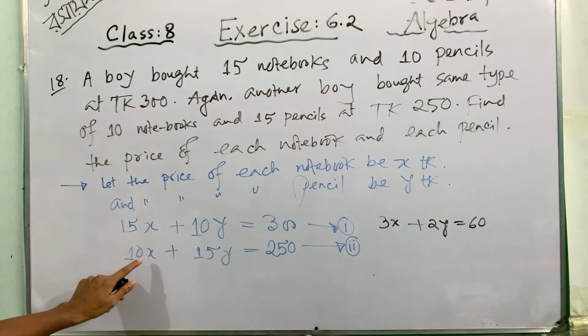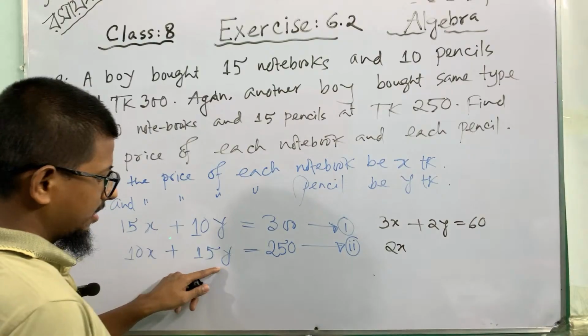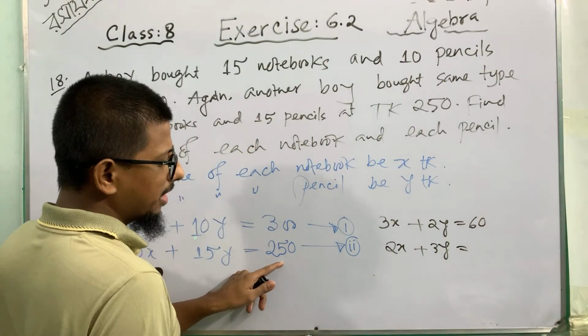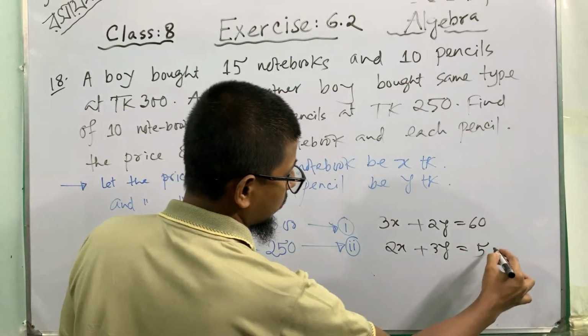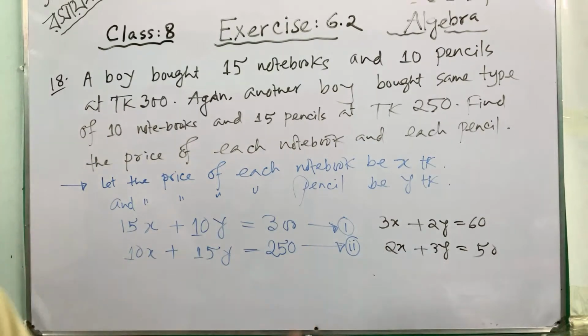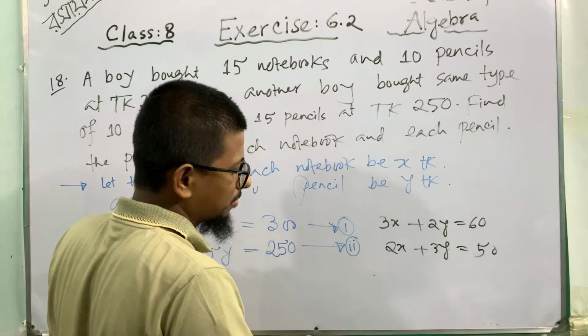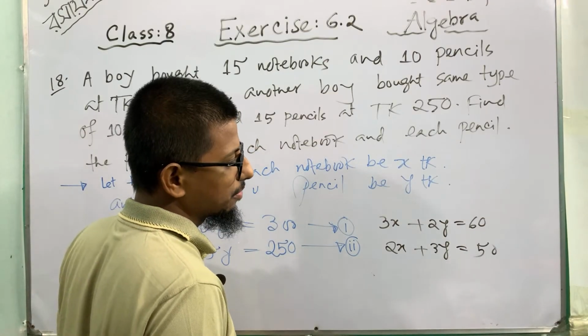I divide this by 5, I get 2x and 3y. And here, if I divide 25 by 5, I get 5, and I have this 0 here. So now I have these two cute equations. They are cute because they are simpler.